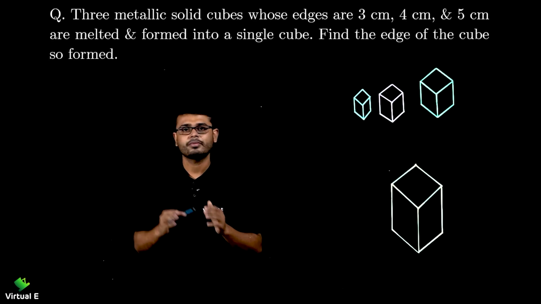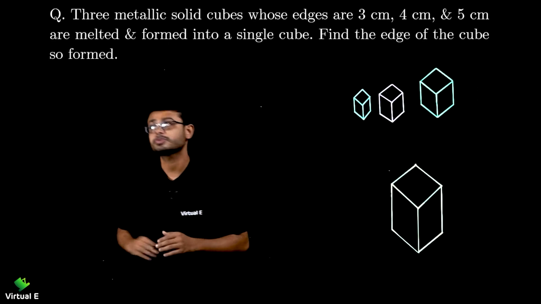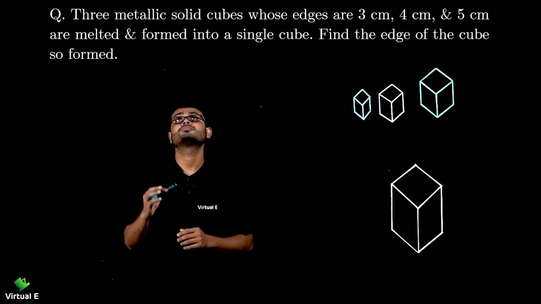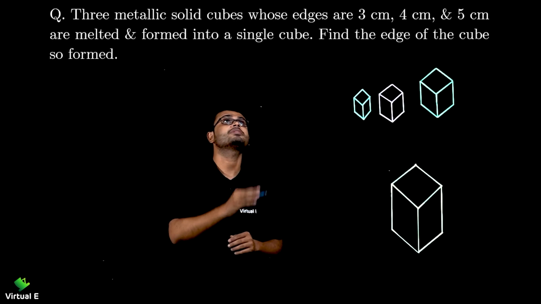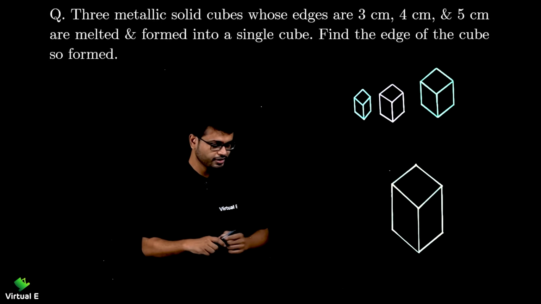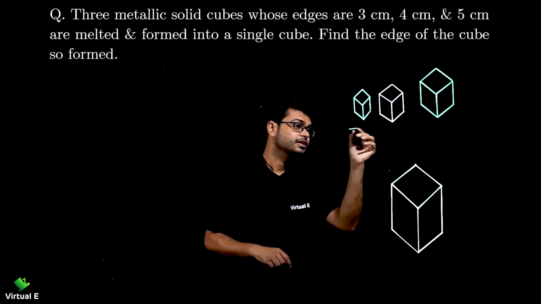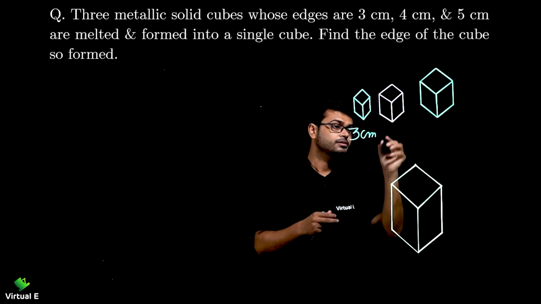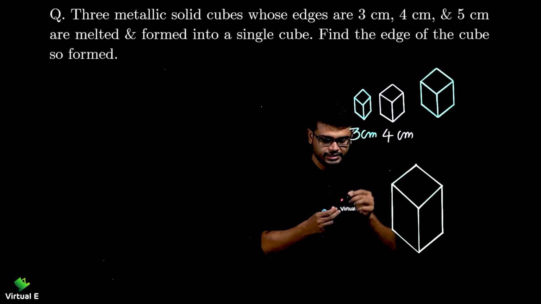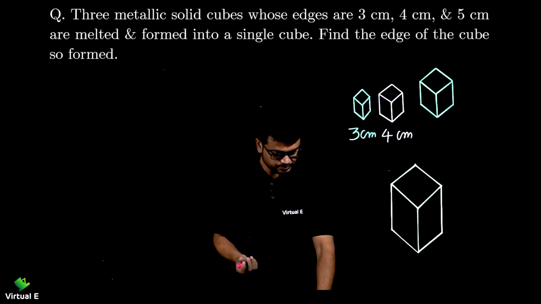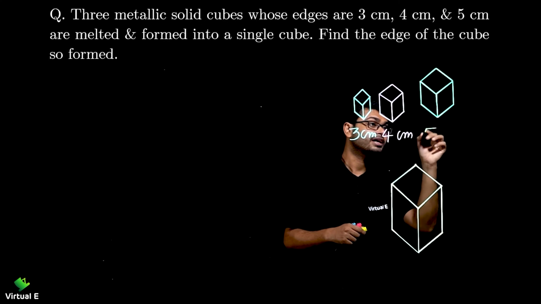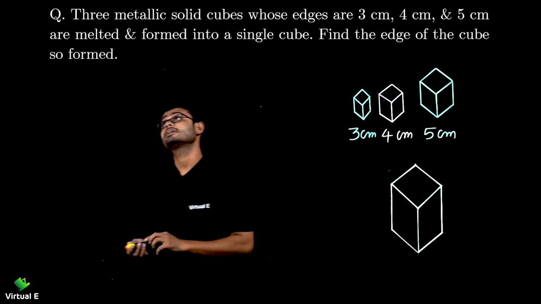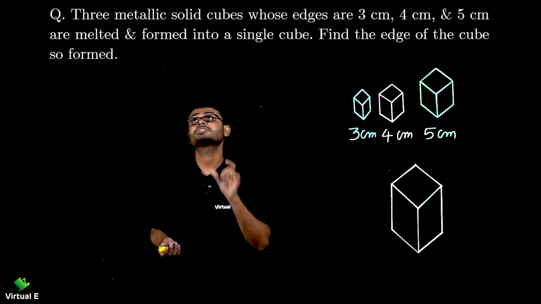Let's start discussing problems related to that. Let's start with the first question. Let's read the question. 3 metallic solid cubes whose edges are 3 cm, 4 cm and 5 cm are melted and formed into a single cube.